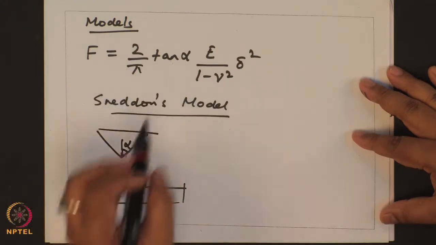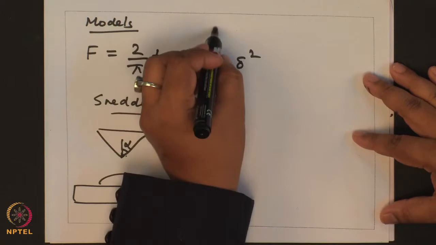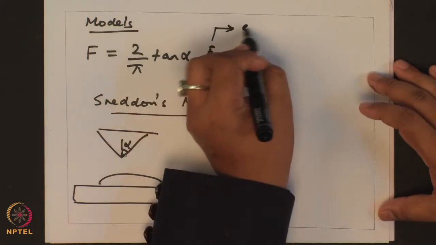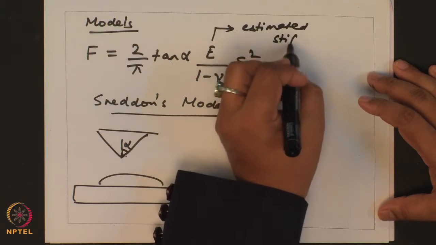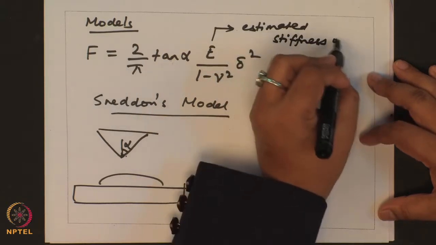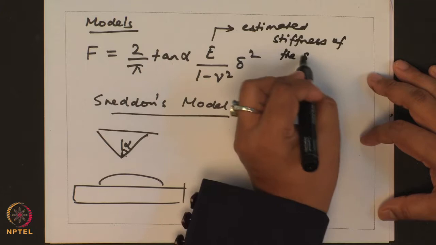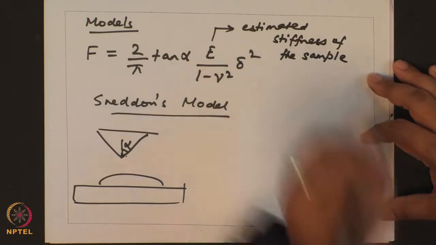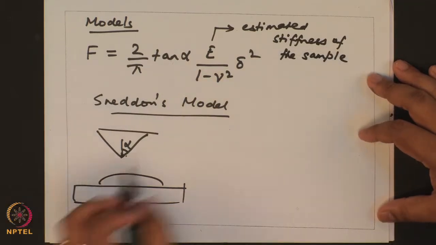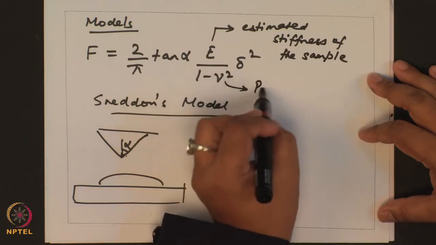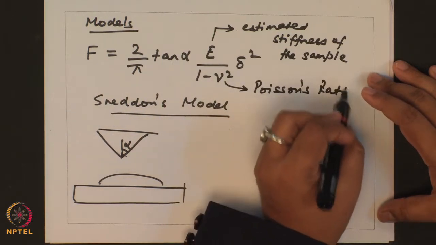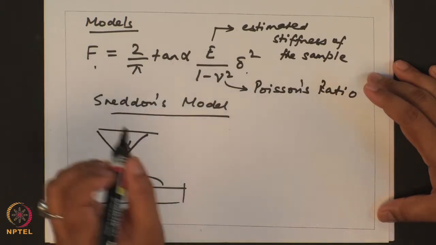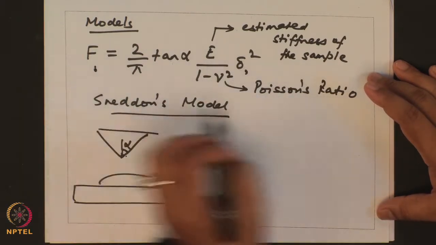So, this angle is called alpha. Here E is the estimated stiffness of the sample, okay, and nu is the Poisson's ratio. Okay. F and delta, so delta and F are experimentally obtained.